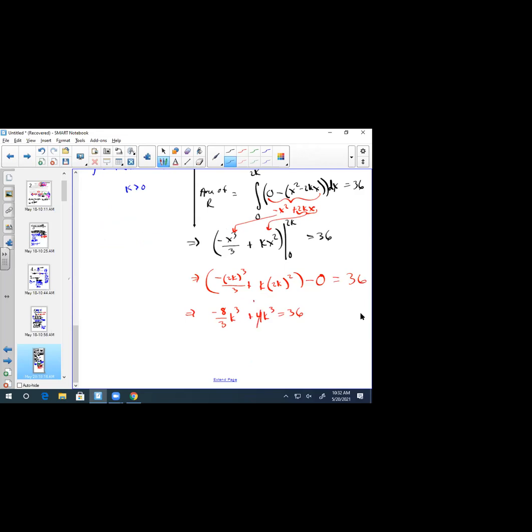Well, 4 is also known as 12 over 3. So this ends up being 4 thirds k cubed equals 36 times 3/4. Well, 36 divided by 4 is 9 times 3 is 27. So I get k cubed equals 27. Cube root of each, k equals 3. Okay, so they were looking for the k value, and for this, k is equal to 3, which is the answer B.